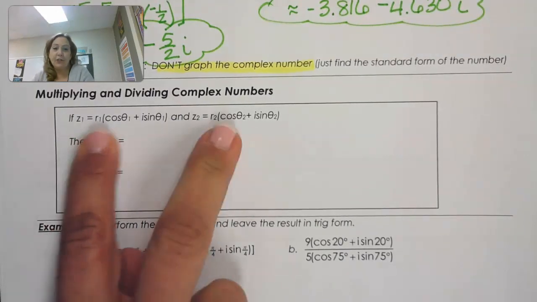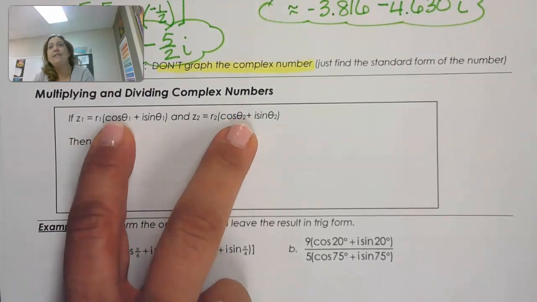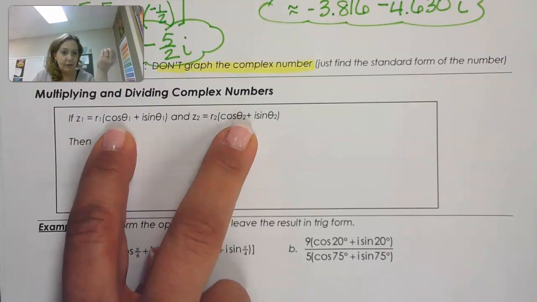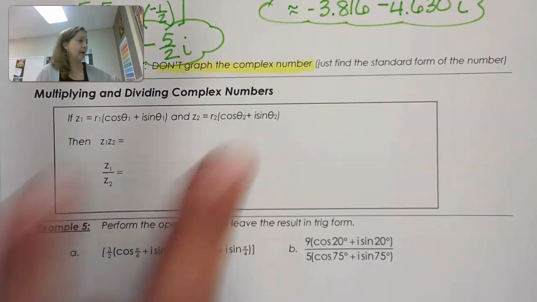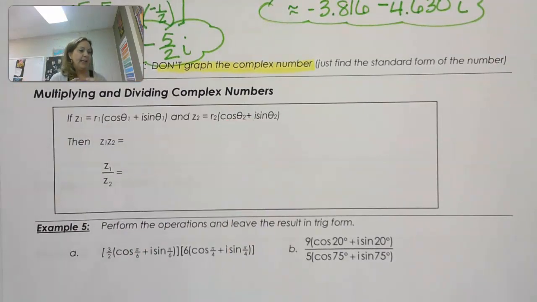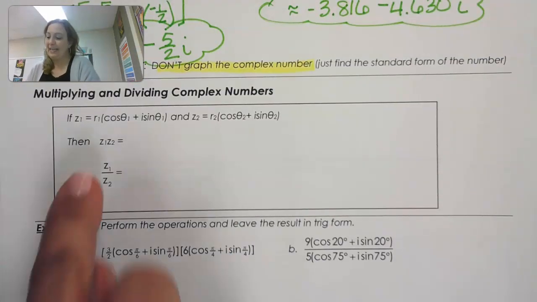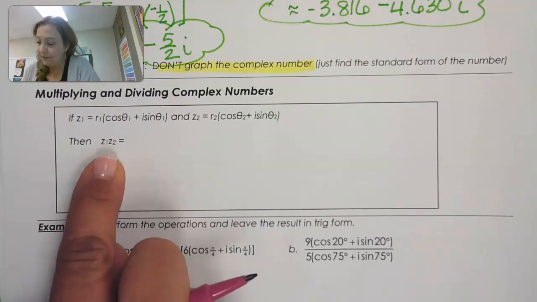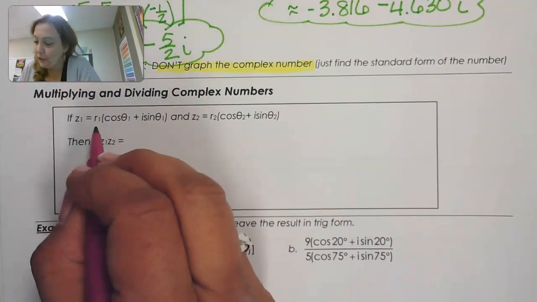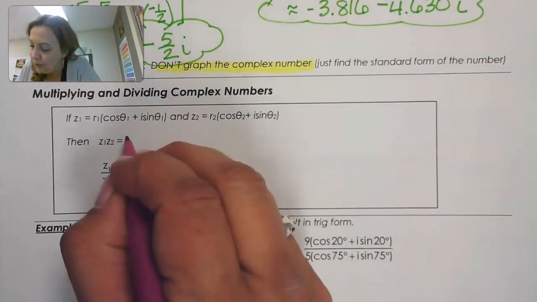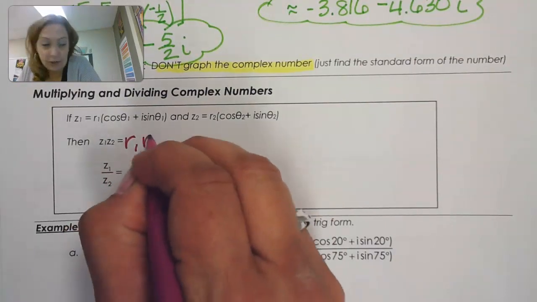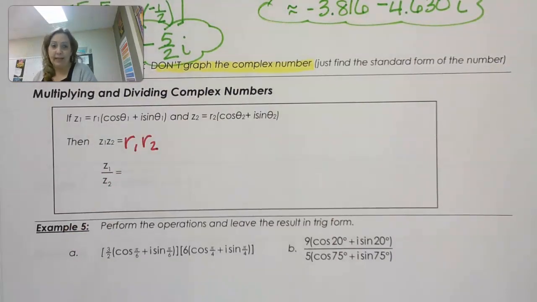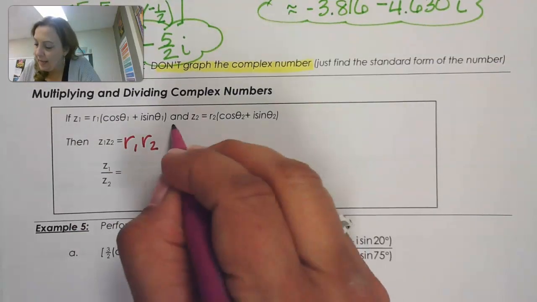So we're going to have these two complex numbers in this trigonometric form, this polar form. When we have z1 times z2, the way we multiply them is that we take the two moduli, r1 and r2, and multiply them together.